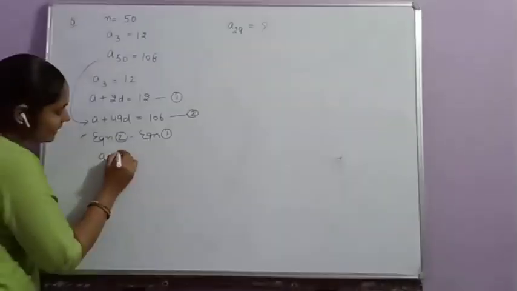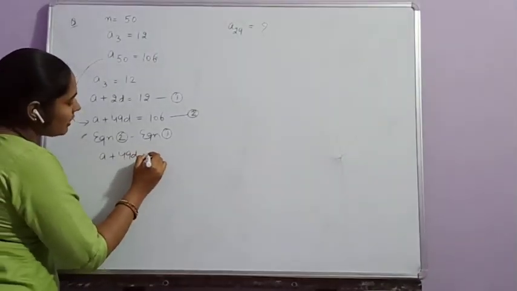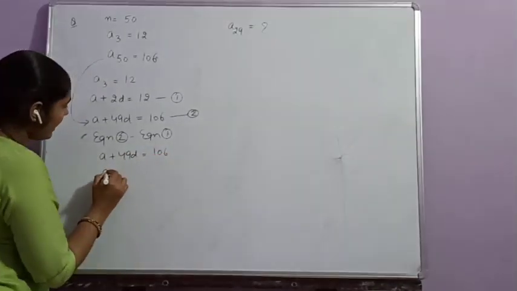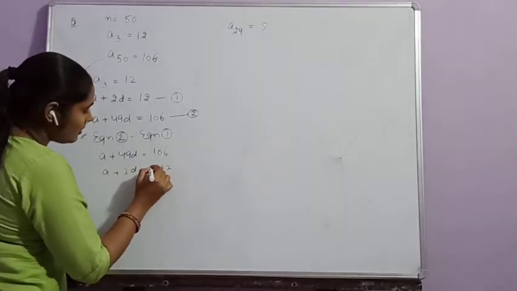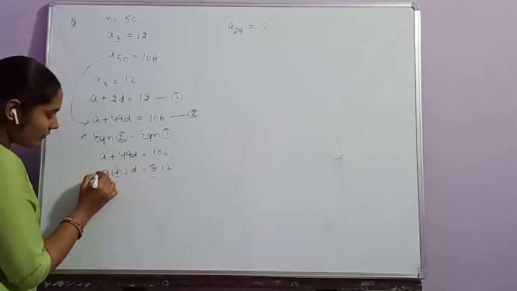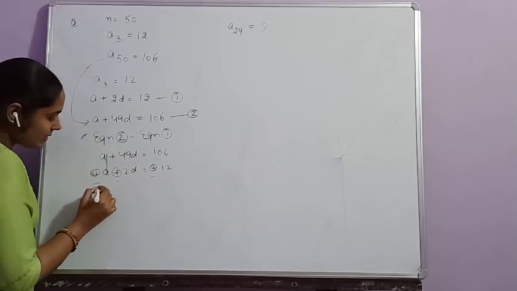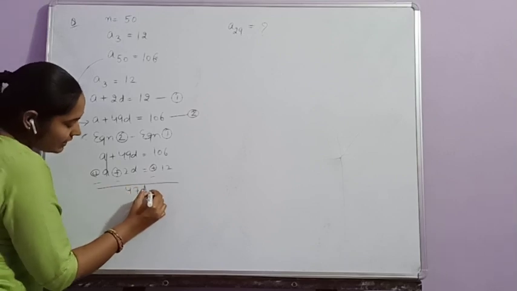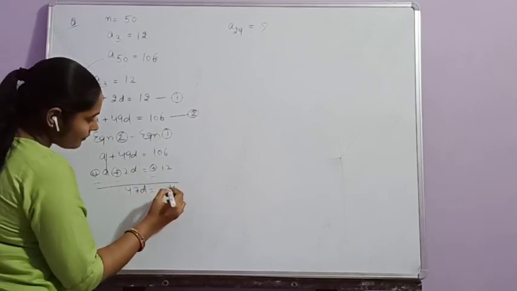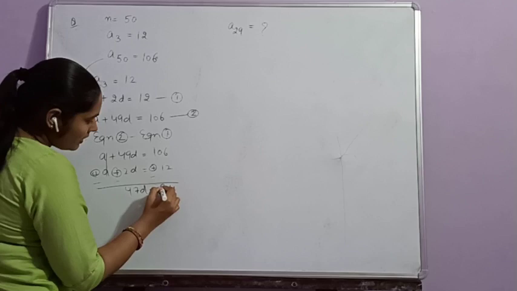A plus 49D is equal to 106. A plus 2D is equal to 12. On subtraction, the sign will be changed. A is cancelled out. 49 minus 2 is 47D, that is equal to 94.